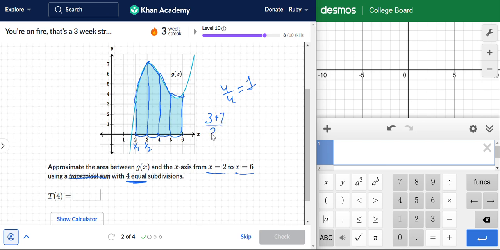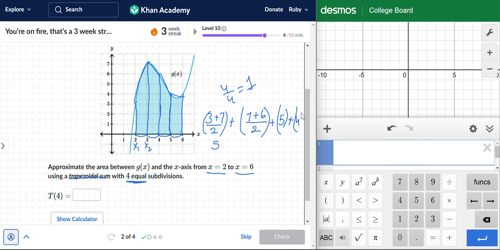So we have 10 divided by 2 is 5, plus 7 plus 6, 13, 13 divided by 2. And then the second to last, we have 6 and 4. Okay, 10 divided by 2 is 5. I'm just going to write 5 plus, what is this? 4 and 4.